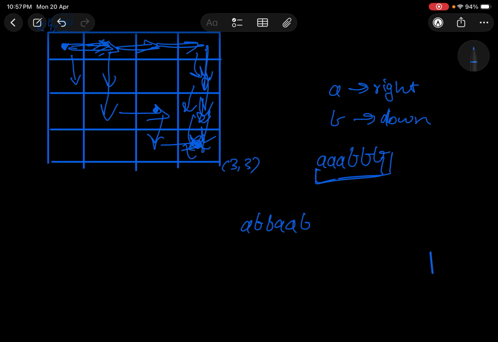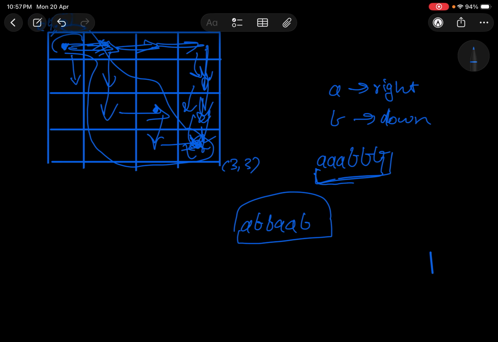So this was the path that was followed. What essentially we are doing is finding the total number of arrangements of A and B in a row, and this is the main thinking point of this question. We have to observe that the ant has to move 3 times right and 3 times down, and the ant can make those movements in any order it wants.